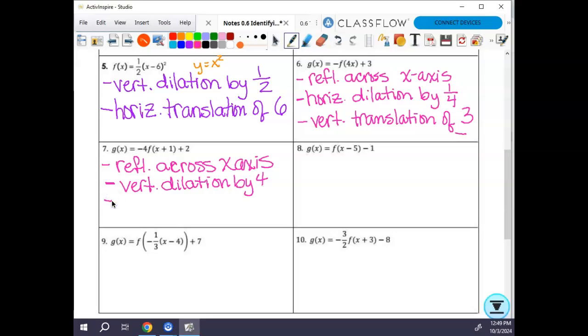So that 1, that's a horizontal translation of what? -1. Good, because we're going to the left. And then this would be a vertical translation of 2, because it's positive.